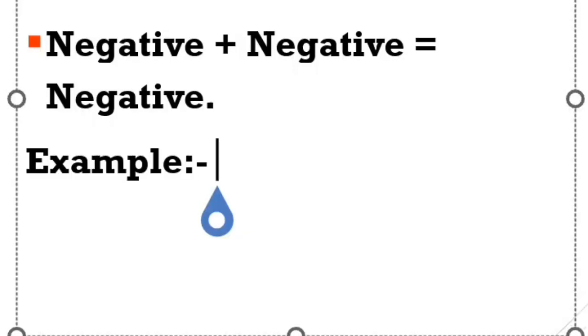Now, another operation that we're going to be discovering is negative plus negative. Remember the first one was positive plus positive, but now we are going to be treating negative plus negative. Remember that integers are still numbers, including 0, which are either negative or positive numbers.